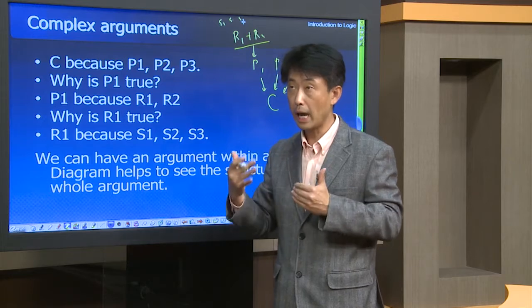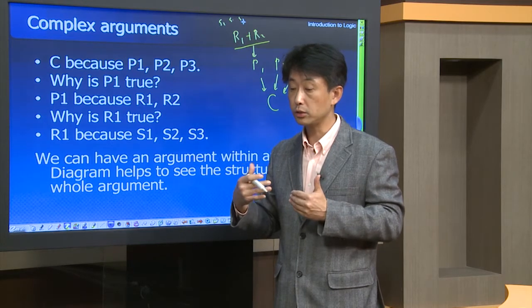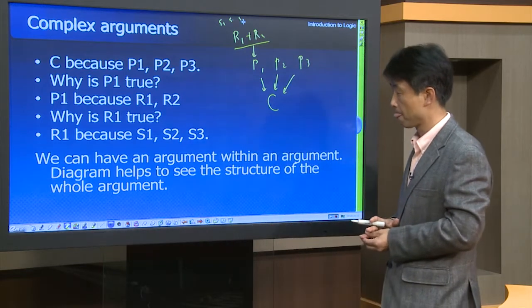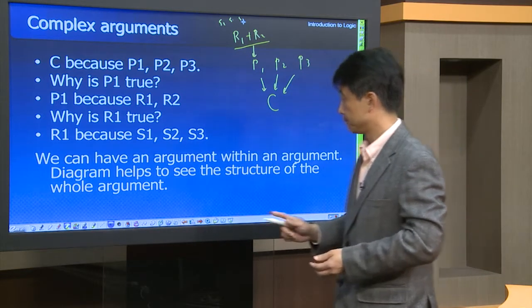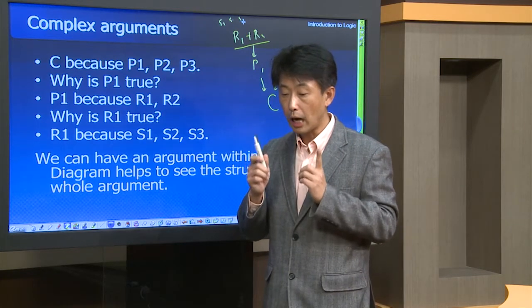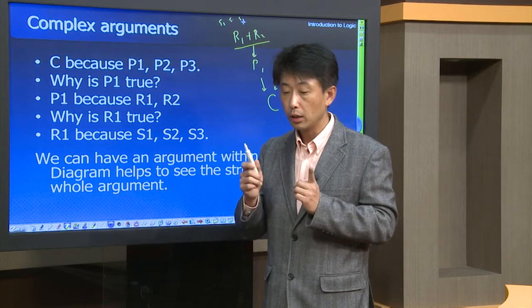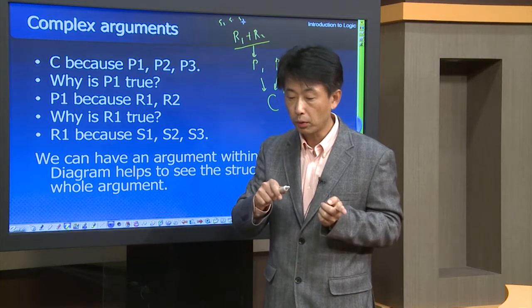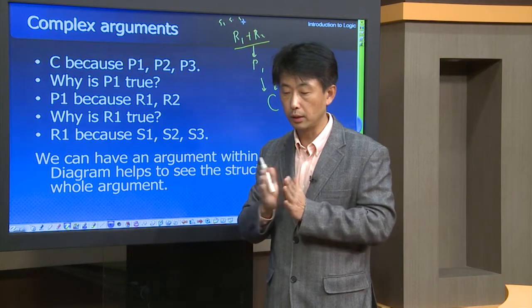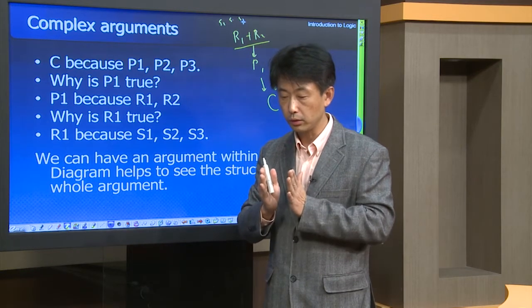And the purpose of the diagramming method is to help us see the structure of an argument. And in diagramming an argument, as I said, the difference between joint support and independent support is the most crucial difference that you must remember.